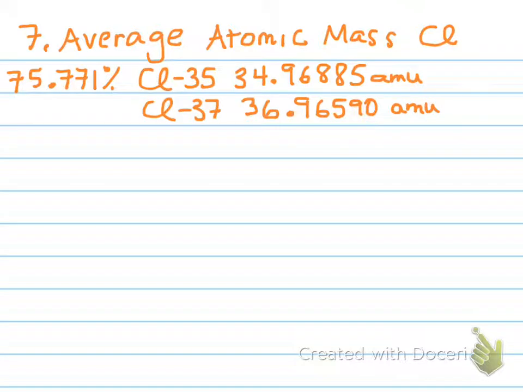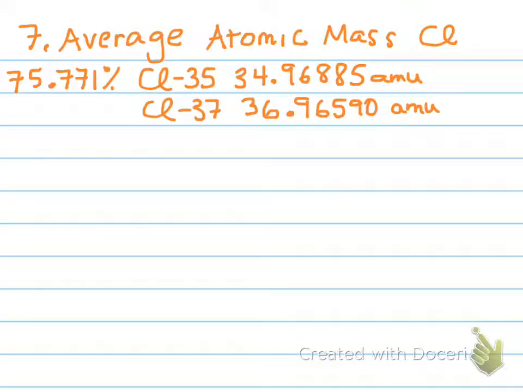So taking a look at number 7, number 7 says, of all chlorine atoms, 75.771% are chlorine-35. Chlorine-35 atoms have a mass of 34.96885 AMUs. All other chlorine atoms are chlorine-37, and these have a mass of 36.96590. Calculate the average atomic mass of chlorine.